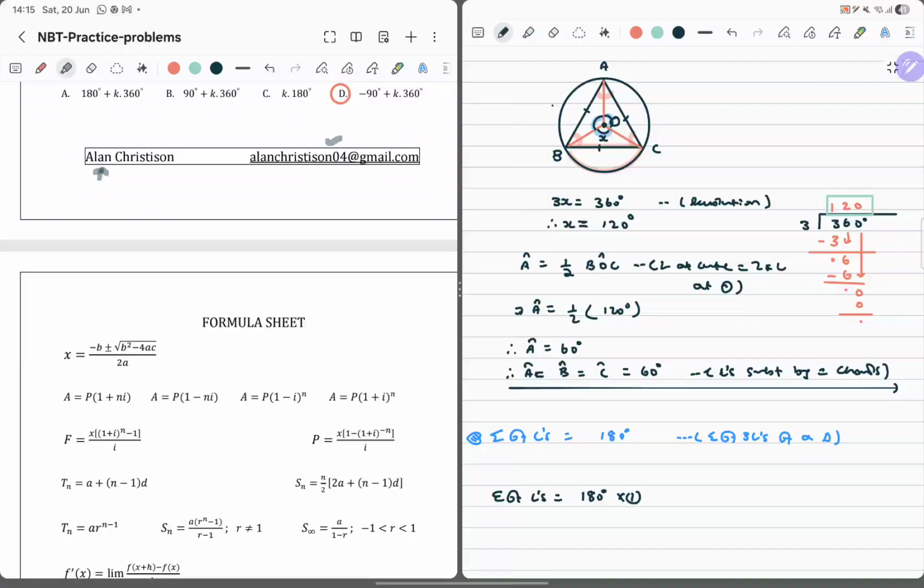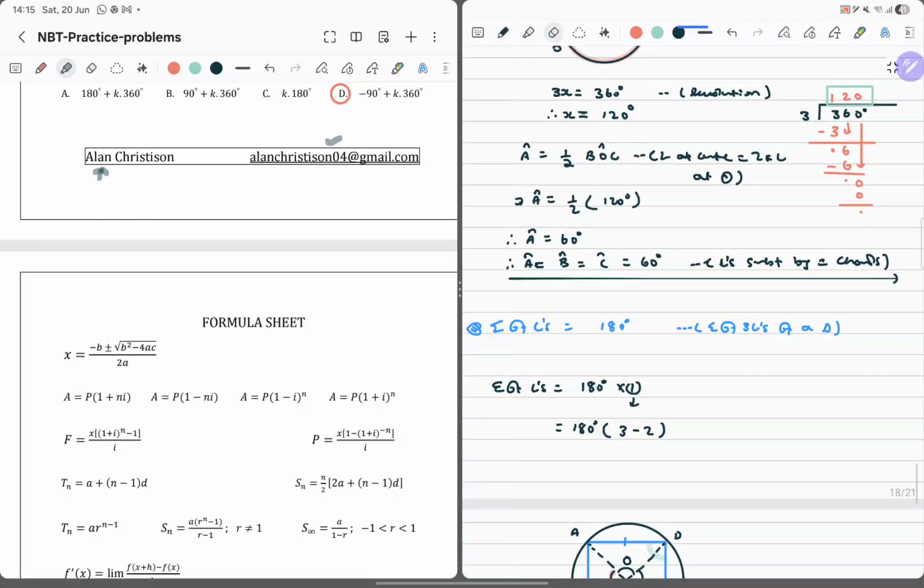So if it is times 1 from 3 sides, if we can express 1 smartly, this is 180 degrees into, this is 3 sides, then we subtract 2 to get 1. So if we then take back the sides, we say it can be any number. We can say this is n minus 2.